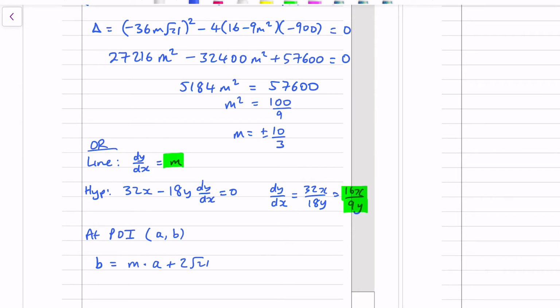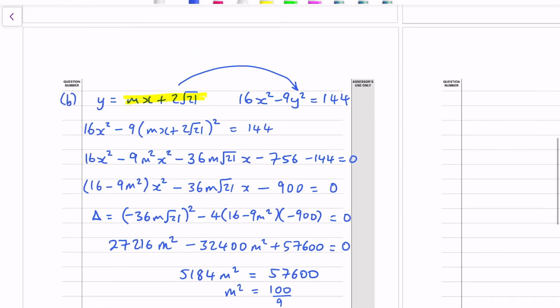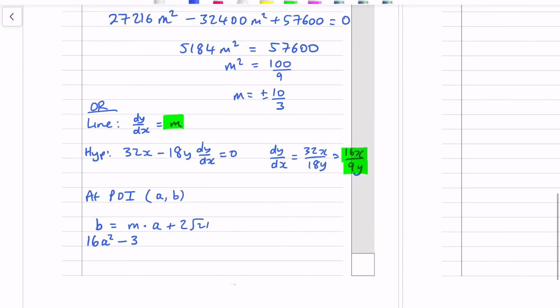It also satisfies the hyperbola equation, which is, actually hold up, 16x squared minus 9y squared equals 144, and we know m is equal to 16a over 9b.